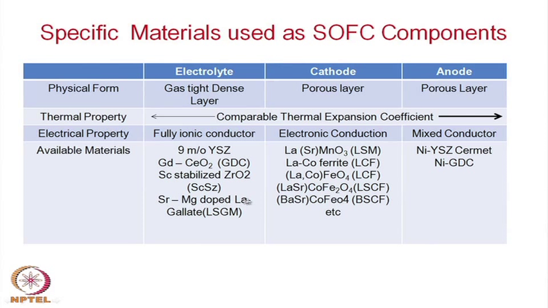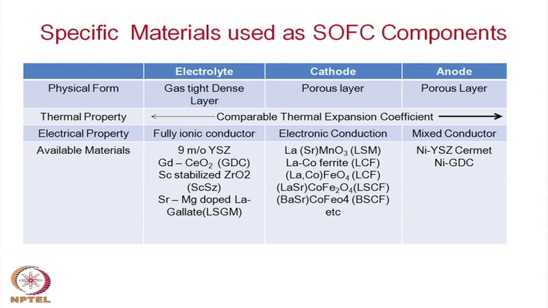Strontium magnesium doped lanthanum gallate. Lanthanum gallate is another compound which is supposed to have a very high oxygen ion conductivity, quite high compared to YSZ or zirconia. Even at 100, 150 degrees, you have the same kind of conductivity what you get with YSZ at around 900 degrees centigrade.